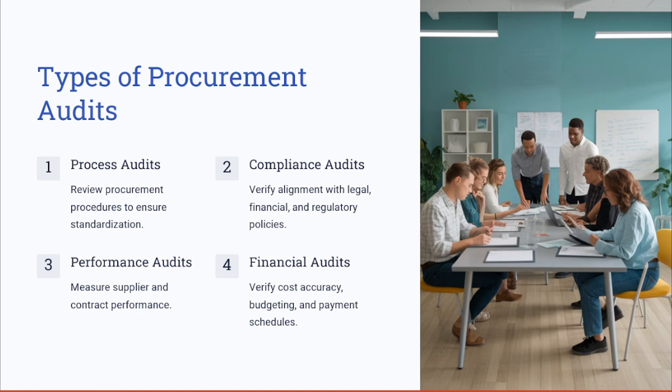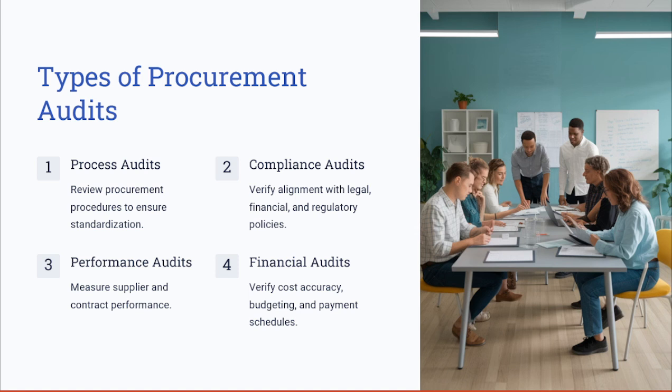We already explained this when we talked about the types of procurement audits. Process audits review the procurement procedures to ensure standardization and assess the efficiency of sourcing, bidding, and contract awarding.